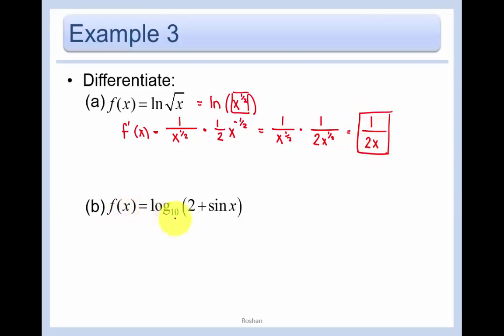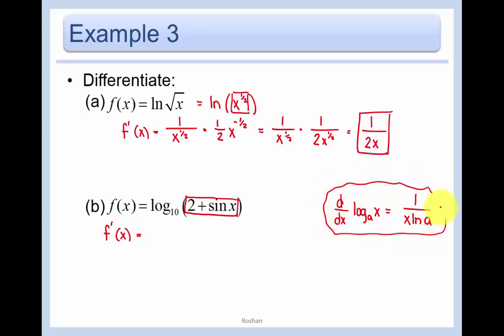If f of x equals log base 10 of 2 plus sine x, here's my baby, then I have the derivative. Let's quickly remind ourselves that the derivative with respect to x of log base a of x was 1 over x ln a. Okay, just a reminder there.